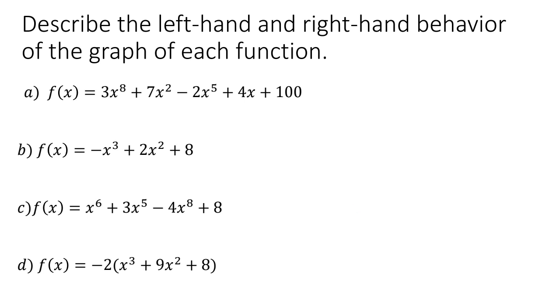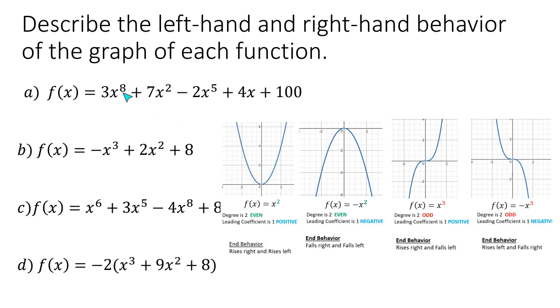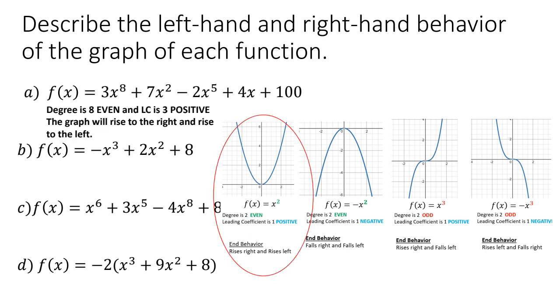Okay. So then you want to ask yourself, is 8 even or is it odd? Okay, so 8 is going to be even. So that means that right now my choices are this graph or this graph. And then the number in front of x to the 8 is positive. So now that means that the behavior of this graph is going to be like this one here. So my answer would be that the graph will rise to the right and it's going to rise to the left.